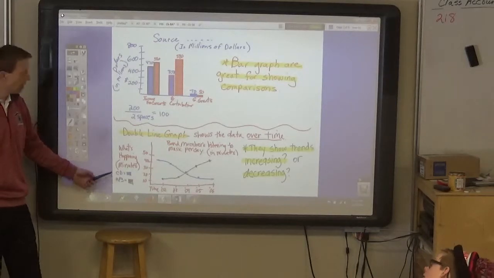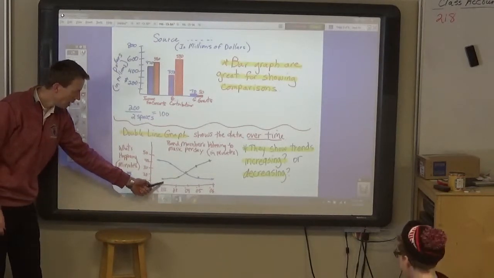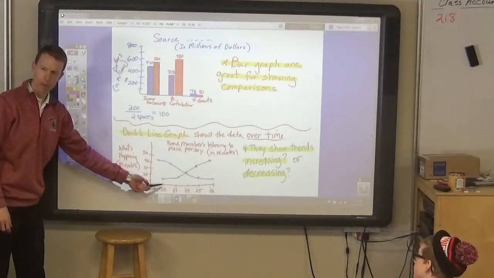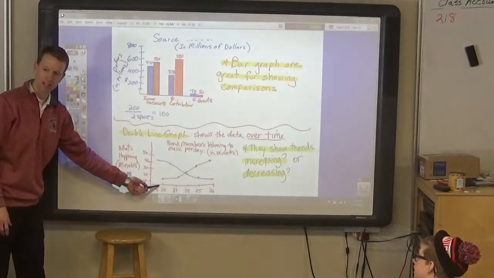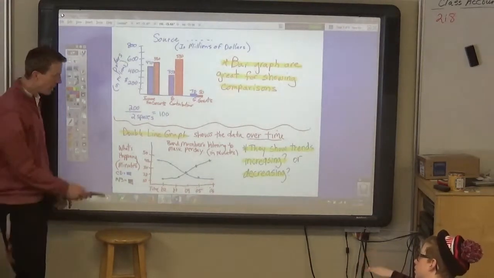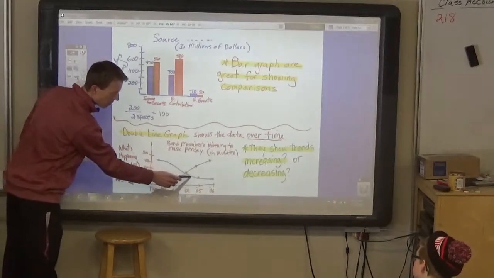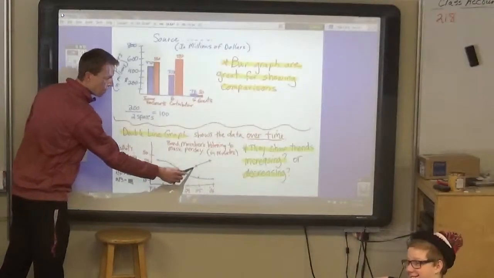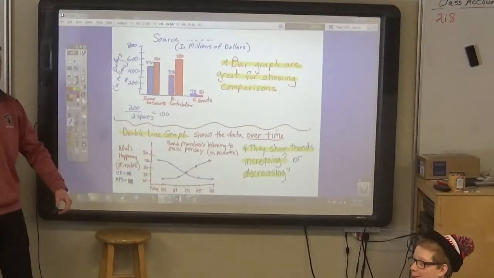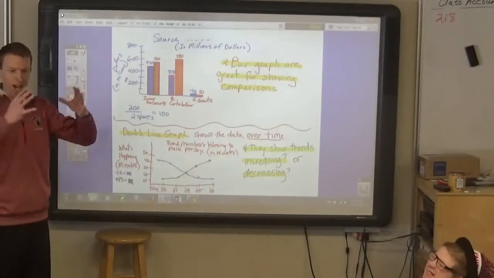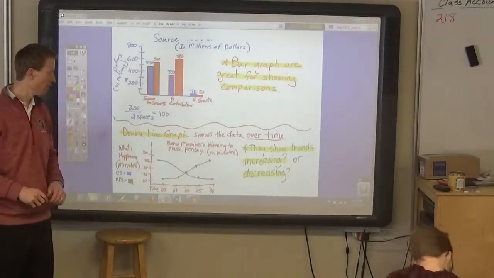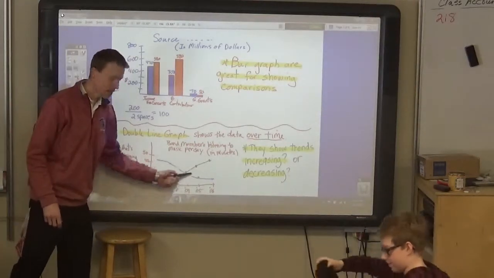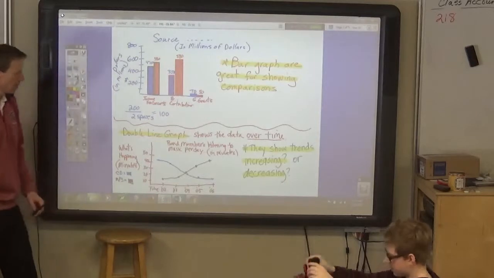CDs in the year 2002 were way more popular than MP3 music because MP3 music was just sort of invented, right? But then, what has happened to CD sales? Going down. It's gone down, right? Because this is an easier way to listen to music and have more music on one device. And so CD sales as a result have gone down. And that shows the trend over time, doesn't it?